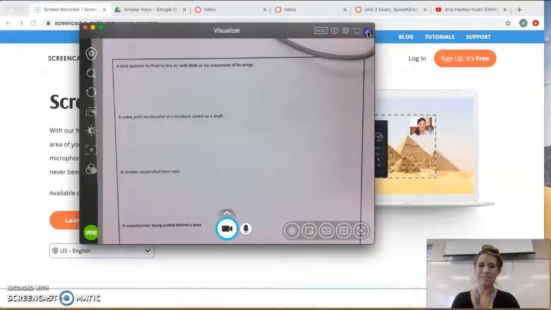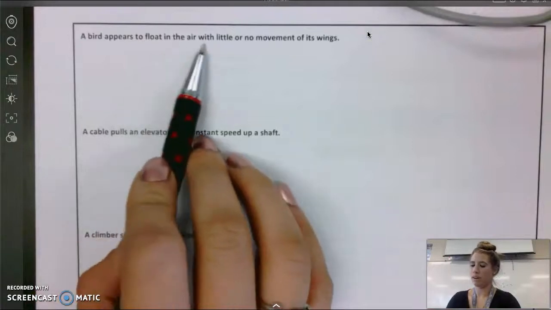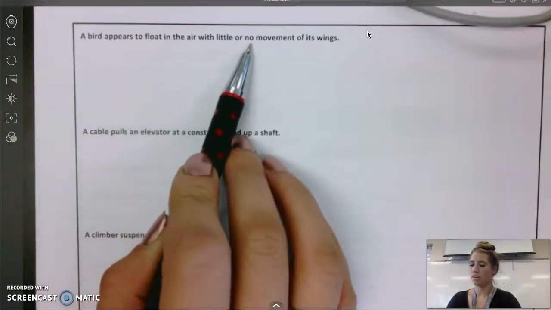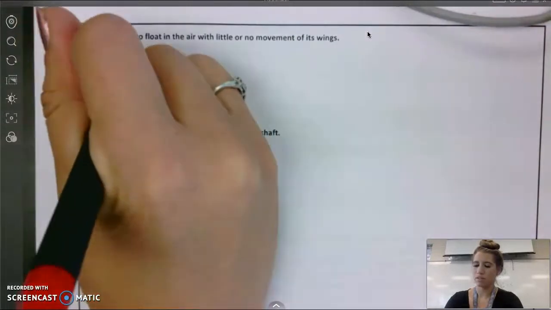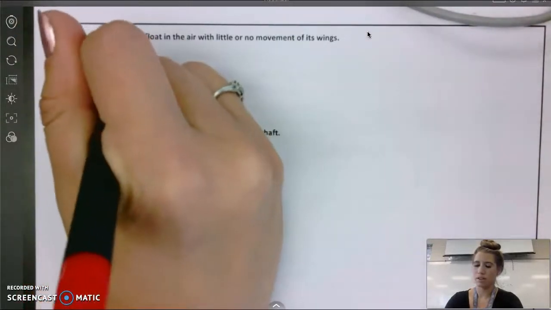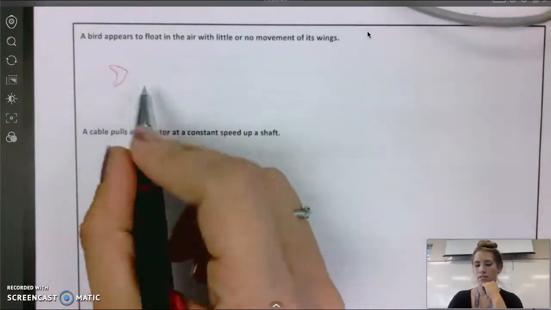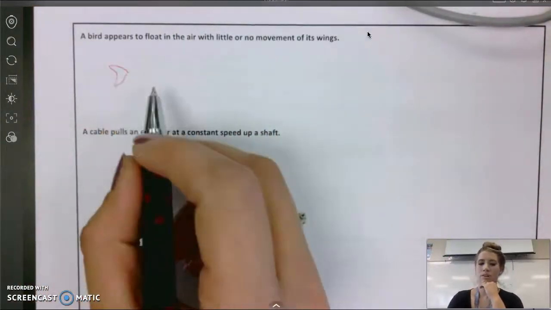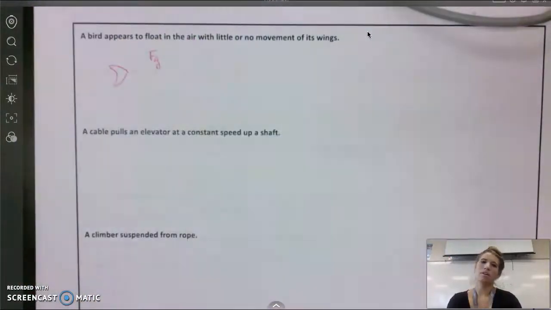Okay, let's keep going. So we have a bird that appears to float in the air with little or no movement of its wings. We know that gravity has to be acting on the bird, but it's stationary, so there must also be a force that's keeping it up.